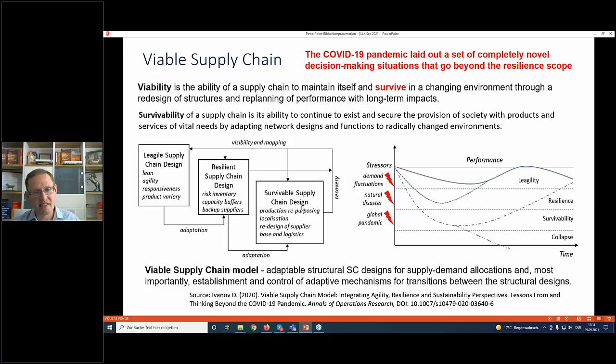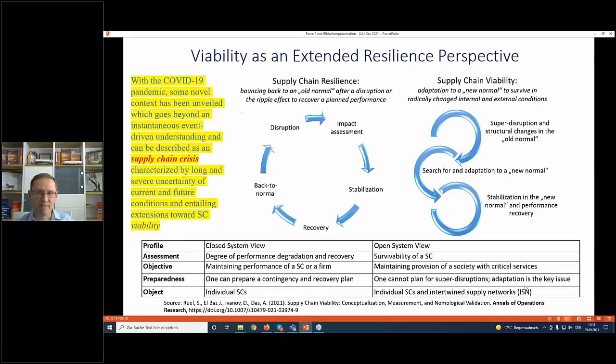And then we add survivable supply chain design, which is used at the times of super disruptions, like a global pandemic, for example, where we need to make production repurposing, localization of supply base, redesign of supply and logistics. And ideally, each supply chain should have these three designs and be able to switch, to adapt between them depending on the situation which we have.